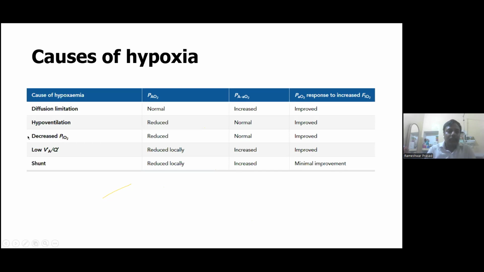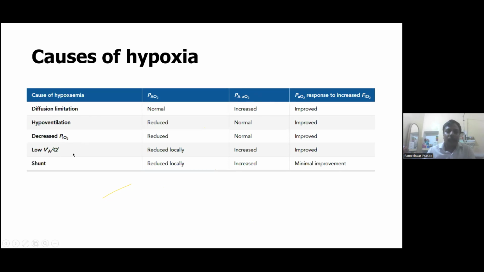In hypoventilation, or decreased PiO2, the PO2 difference will be normal. But in all other conditions, like diffusion limitation, because alveolar gas is not diffusing into the pulmonary arteries, there will be an increase in this difference.